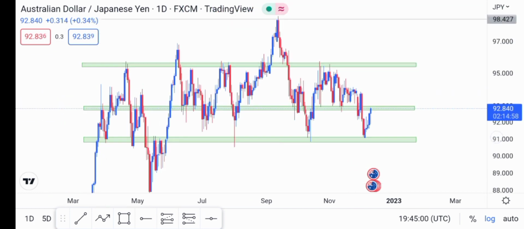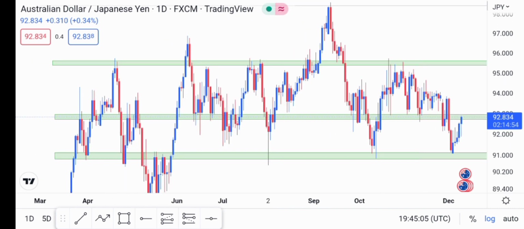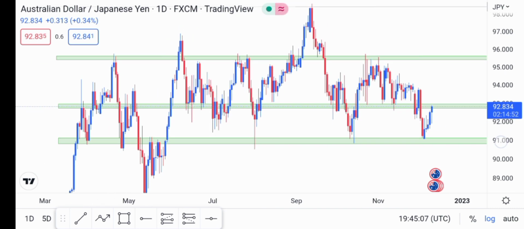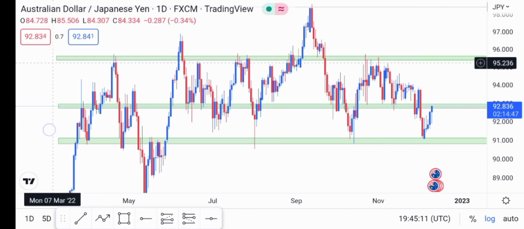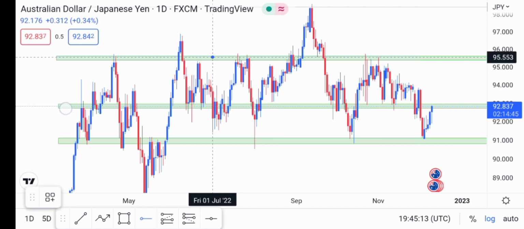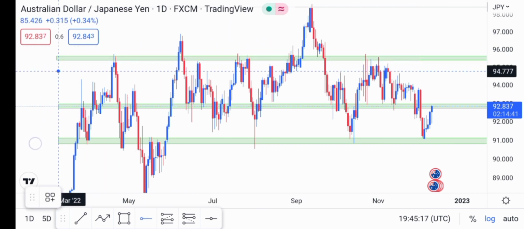If you look closely, guys, if I zoom in a little bit for you here, as you can see, starting from here I'm not seeing any level.